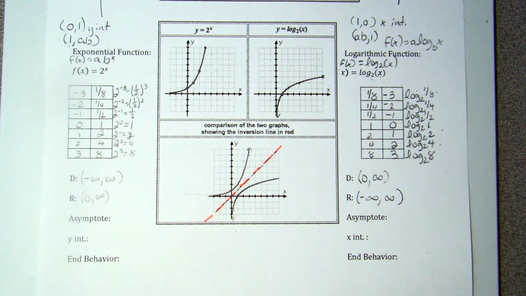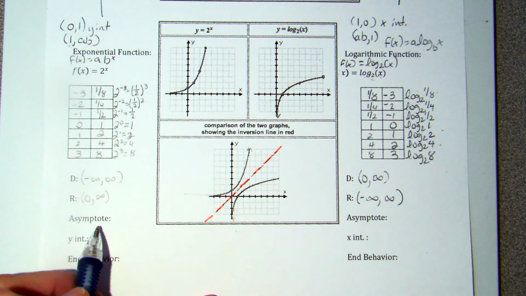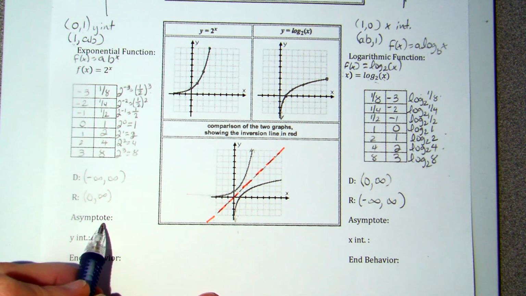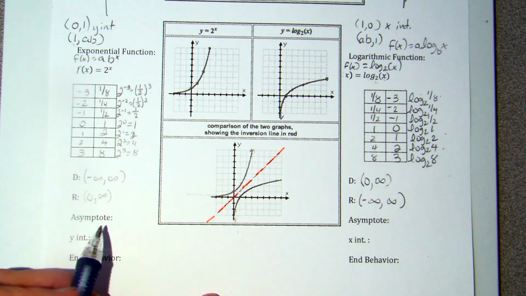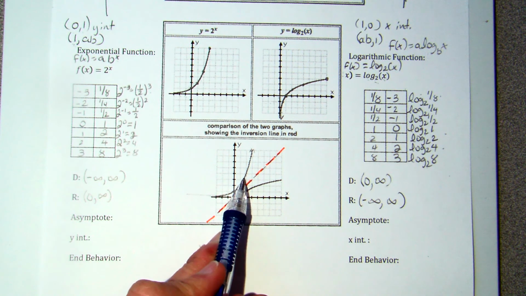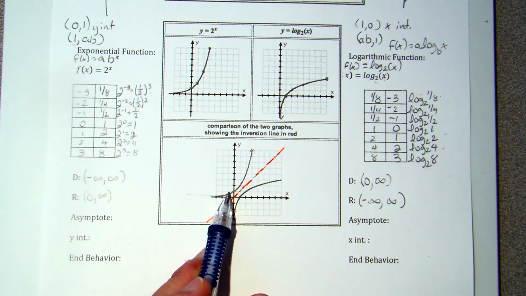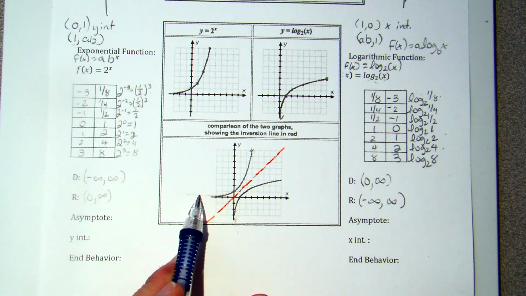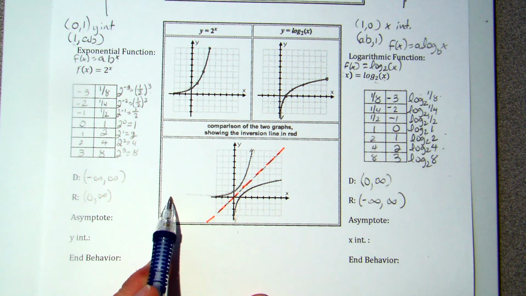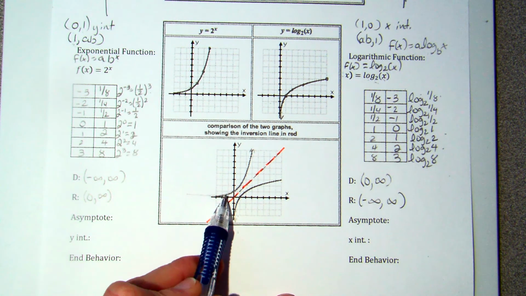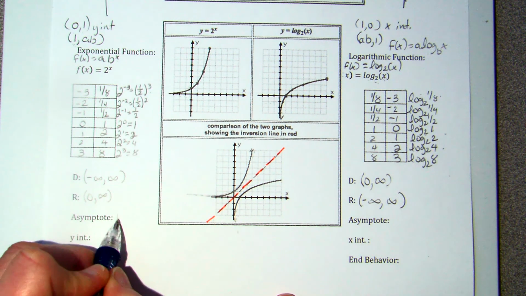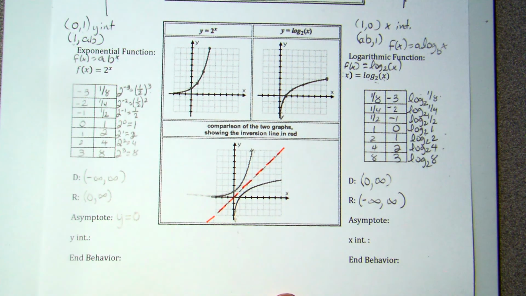Now, keeping those limitations in your mind, let's talk about the asymptotes. Remember, the asymptote is the line that the graph approaches but never gets to. Well, on the exponential, as x approaches negative infinity, your y value gets close, close, close to 0 but never gets there. That horizontal line, y equals 0, is your horizontal asymptote.